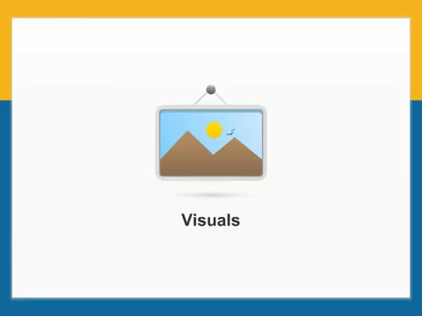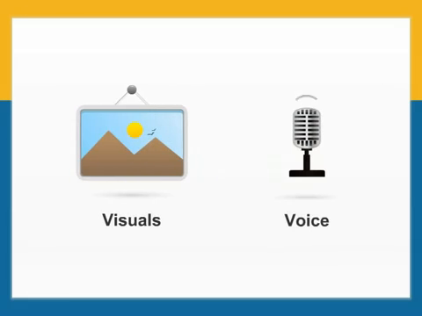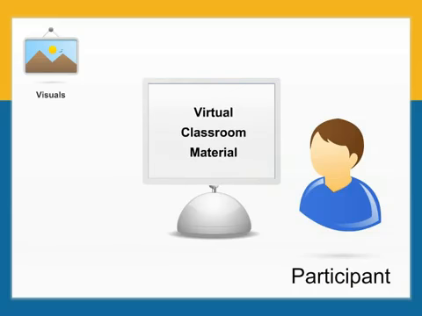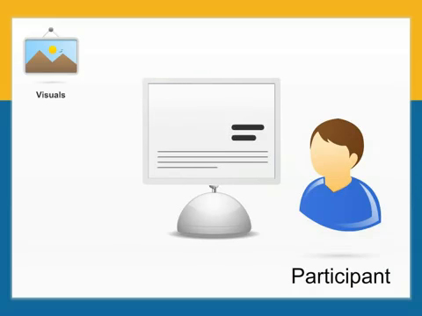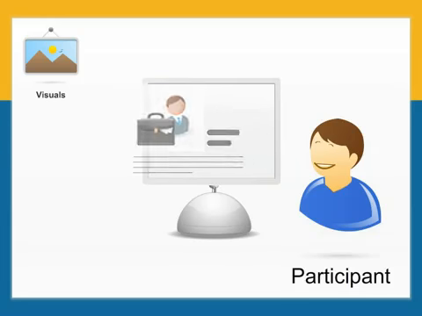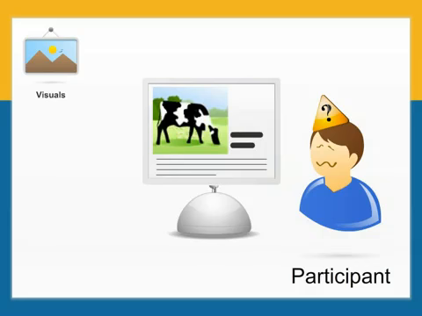In the synchronous virtual classroom, visuals in conjunction with your voice are the main tool you will use to engage participants, communicate content, and promote active learning. First and foremost, when designing virtual classroom materials, limit the amount of text used on the screens and opt for visuals. But be careful, visuals can improve attention and learning or they can detract from learning.